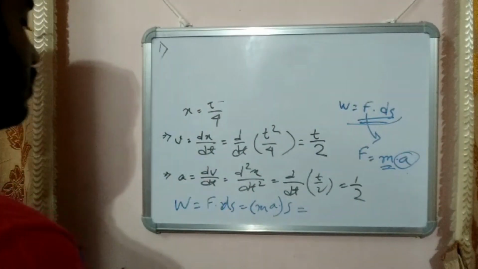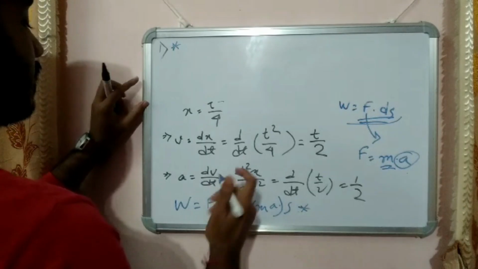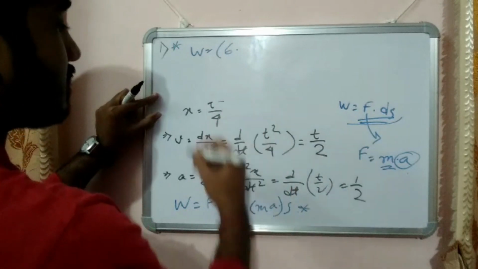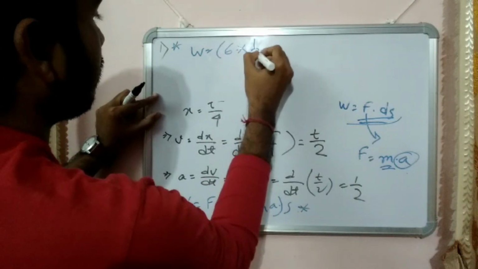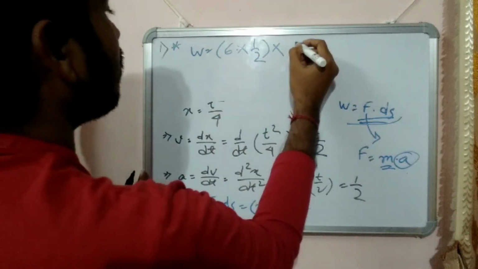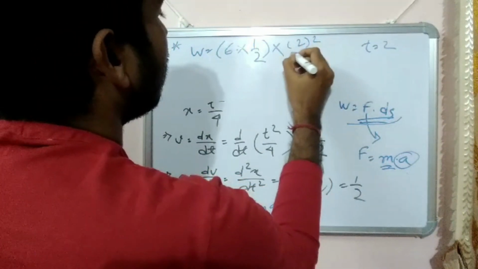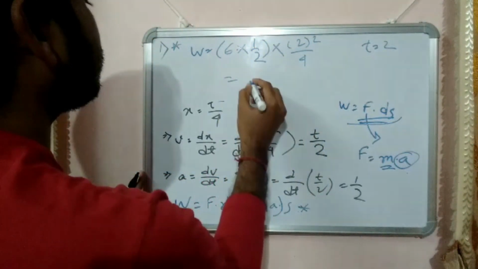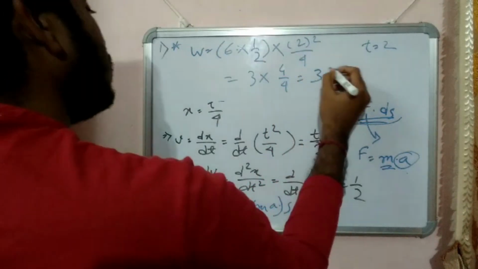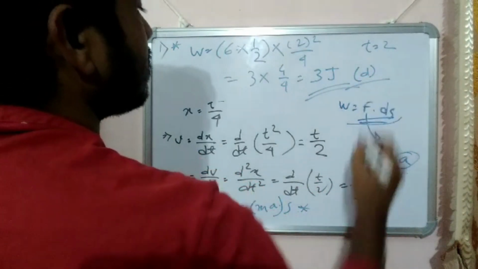Here m is 6 and acceleration we found is half, and s was t square by 4, and at t equal to 2, it is 2 square by 4. So it will be 6 cross half cross 4 by 4, that is 3 joule. So option D will be the correct answer.